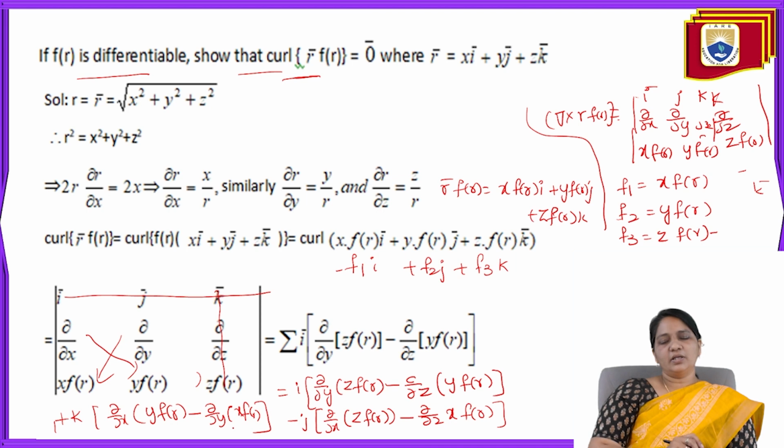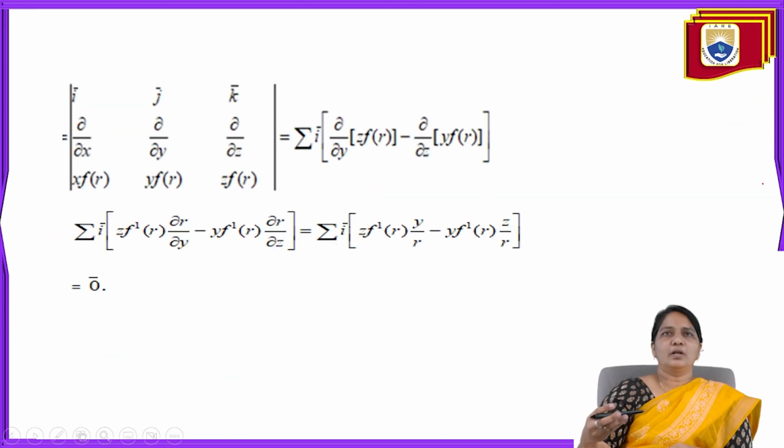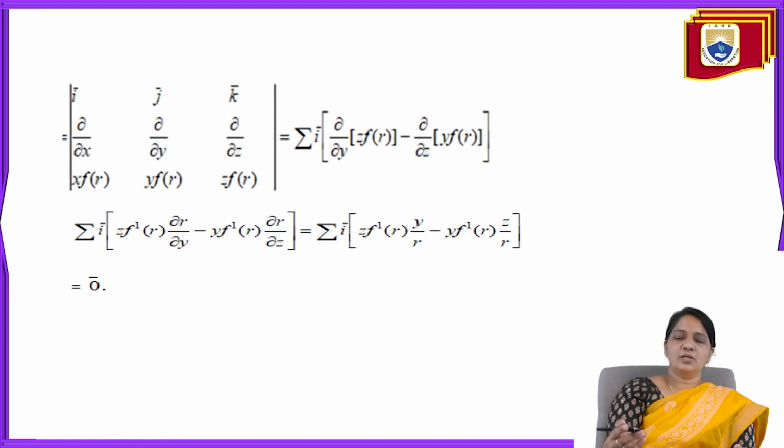So this is the third value. Now here, in the summation they have written only the i value. When removing the summation, we have to write it three times, that is three terms i, j, k. Otherwise, we can write the summation like this also. Now finally, we can observe this.